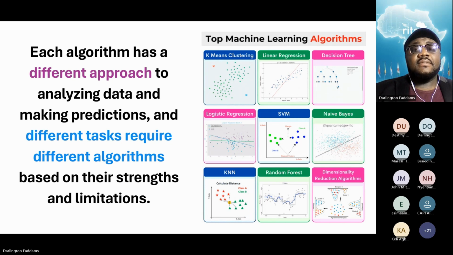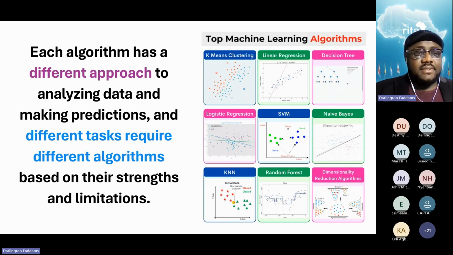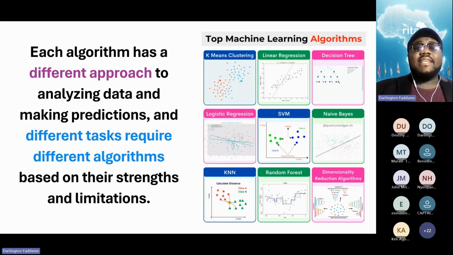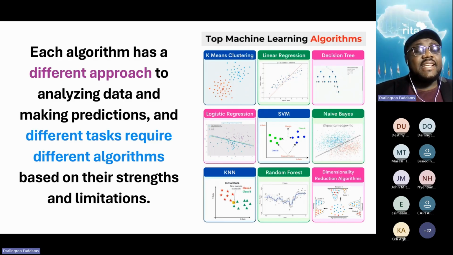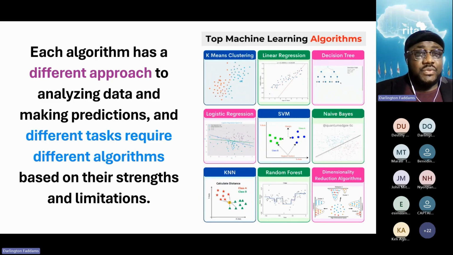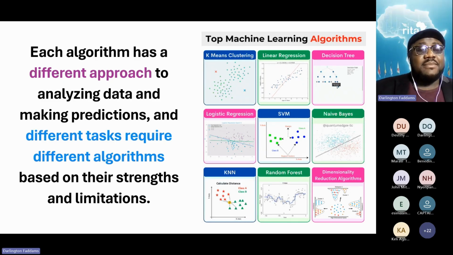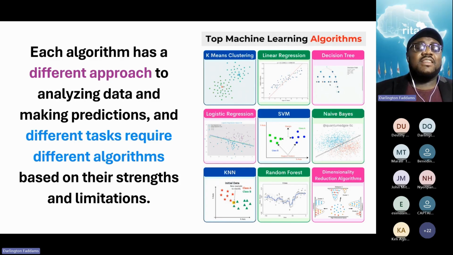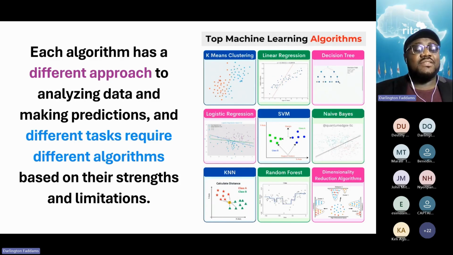We use linear regression when we are dealing with numbers, numerical predictions. So if you want to predict a price or any numerical value, linear regression is a great algorithm to use. Sometimes you'll hear algorithm and model used interchangeably, but the model is when the algorithm has been trained.